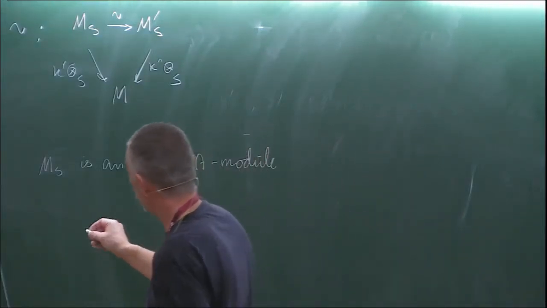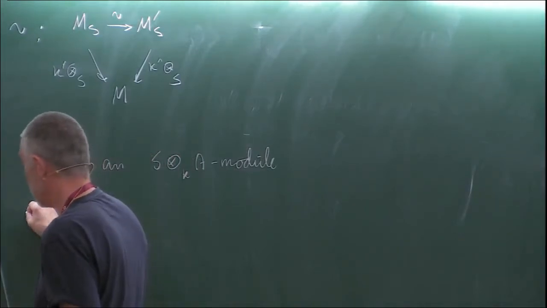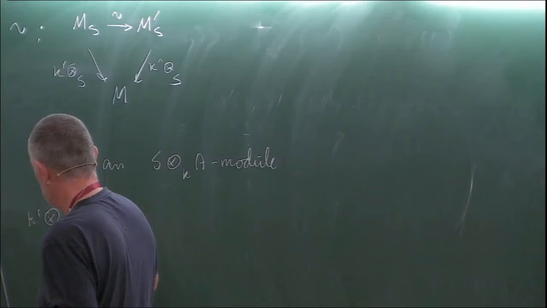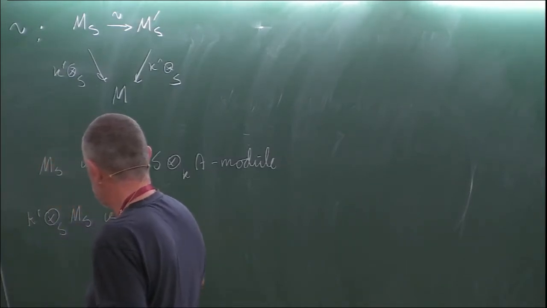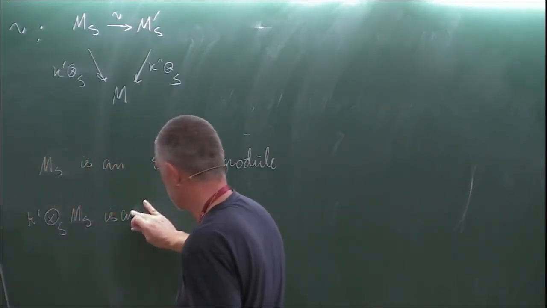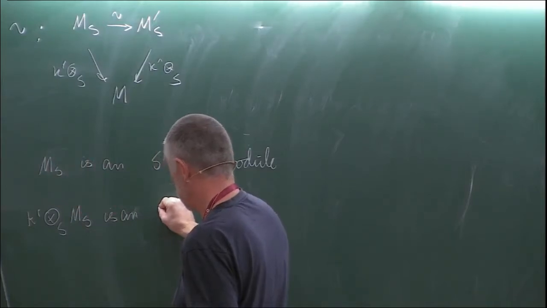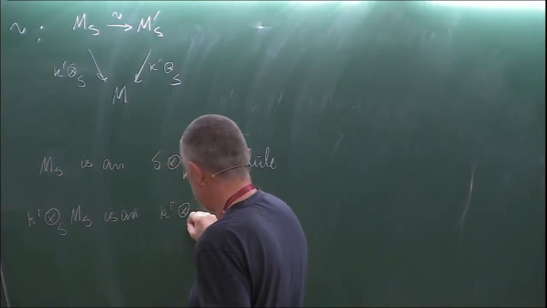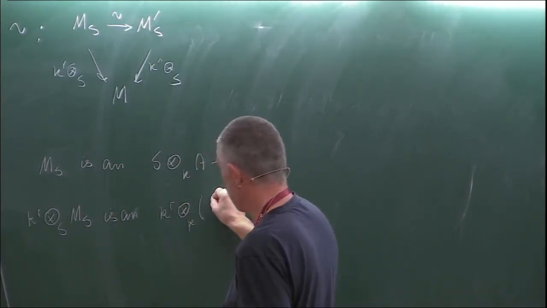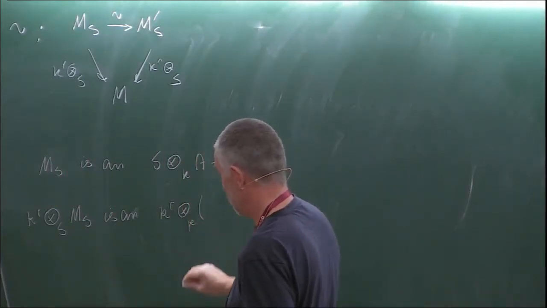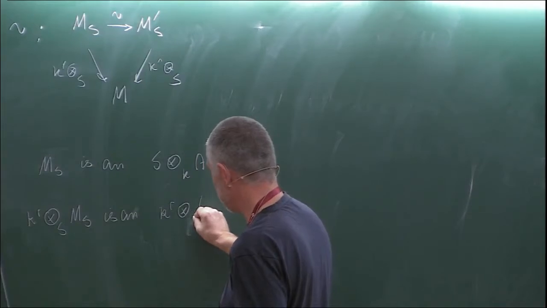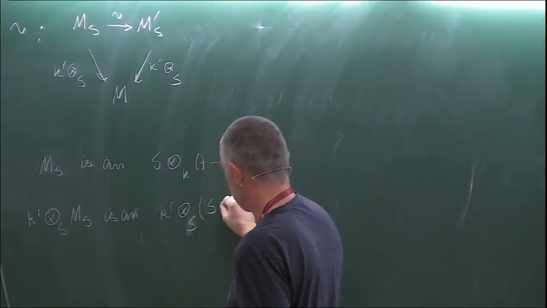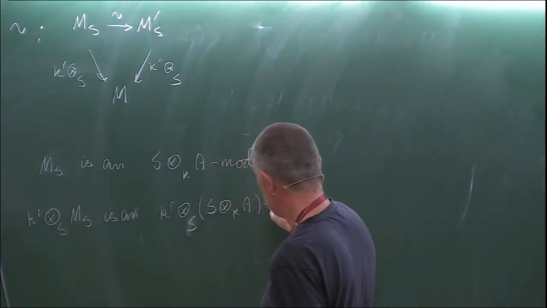So we will see. Then K^r tensor over S by M_S is a K^r tensor over K by S tensor K A module.